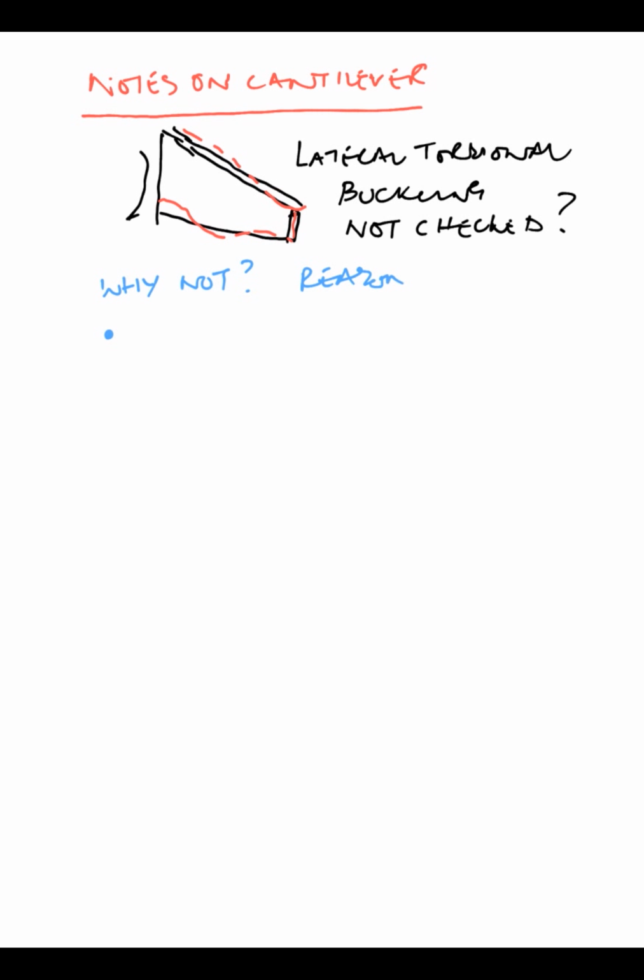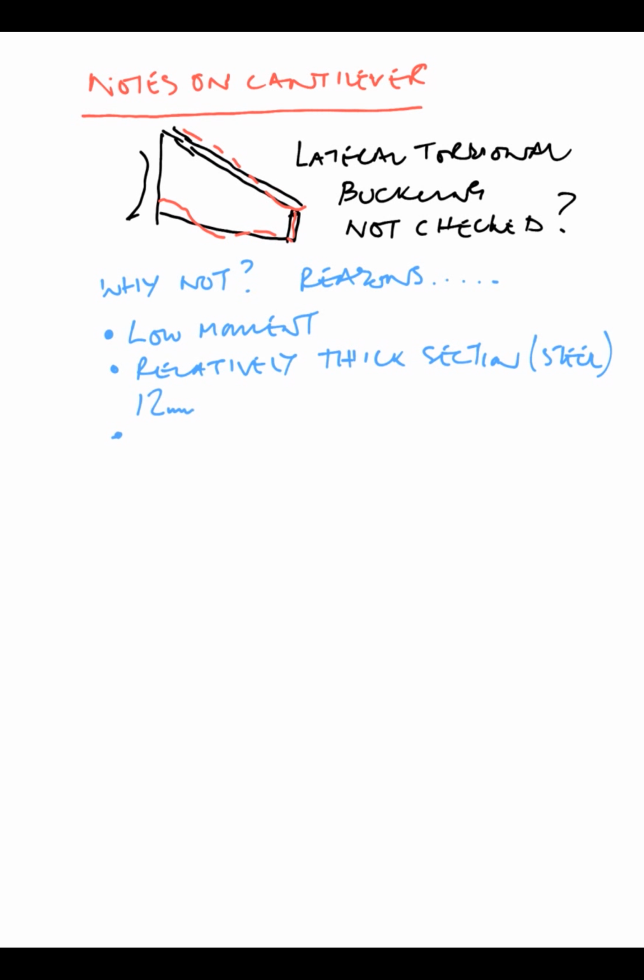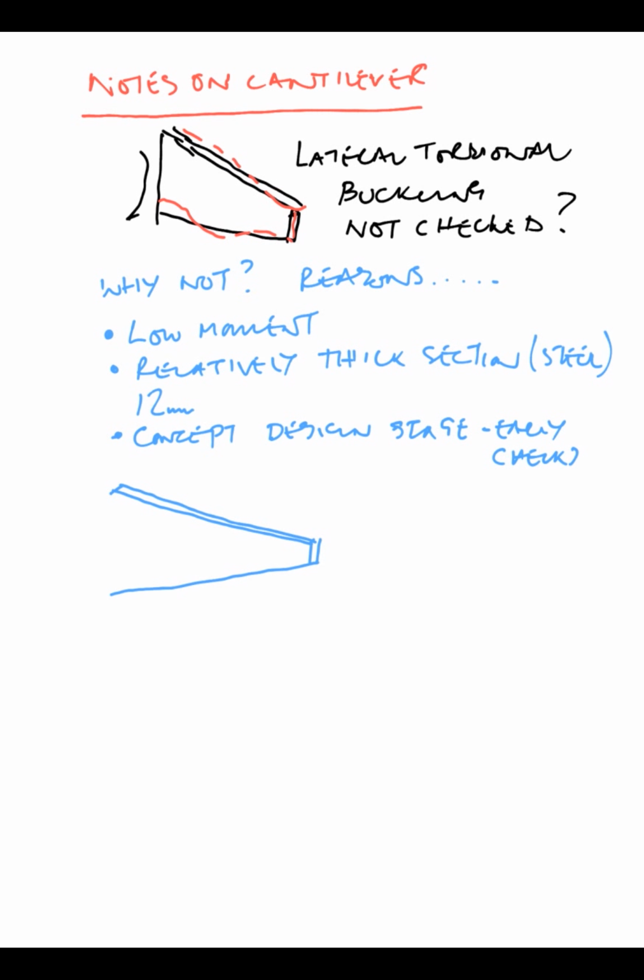The glazing is on the top, that would help restrain things, but not underneath. So why not? Well, it's a low moment, it's a relatively thick section of 12 millimetres, and we are in the early concept design stages. However, it is possible to do rudimentary checks, and we're going to do a quick check just for comfort.